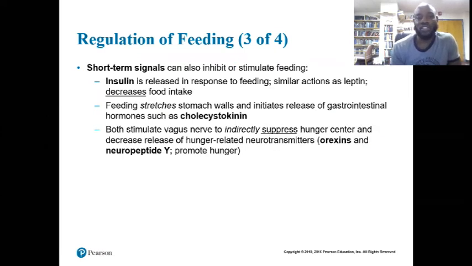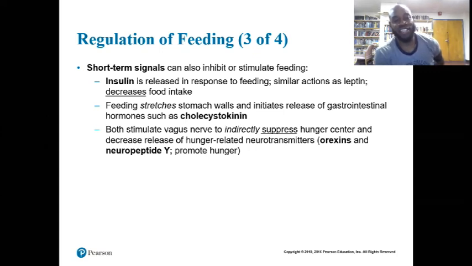You also have insulin, which is released in response to feeding. It acts very similar to the leptin, which is made by the adipocytes. Very similar reaction. Feeding stretches your stomach walls, which initiates release of the gastrointestinal hormone CCK.